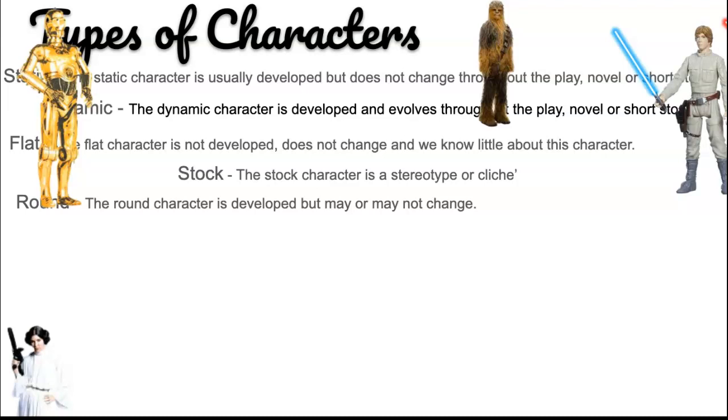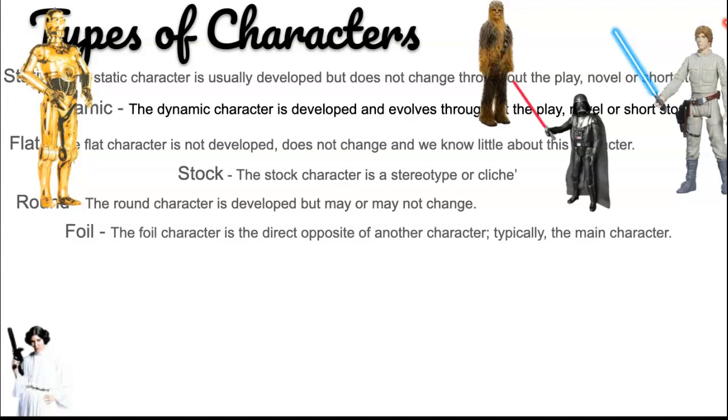Probably in the first through the third episode, we get a lot of information that develops this character. And that would be Darth Vader. "I am your father." So Darth Vader would be an example of a round character.